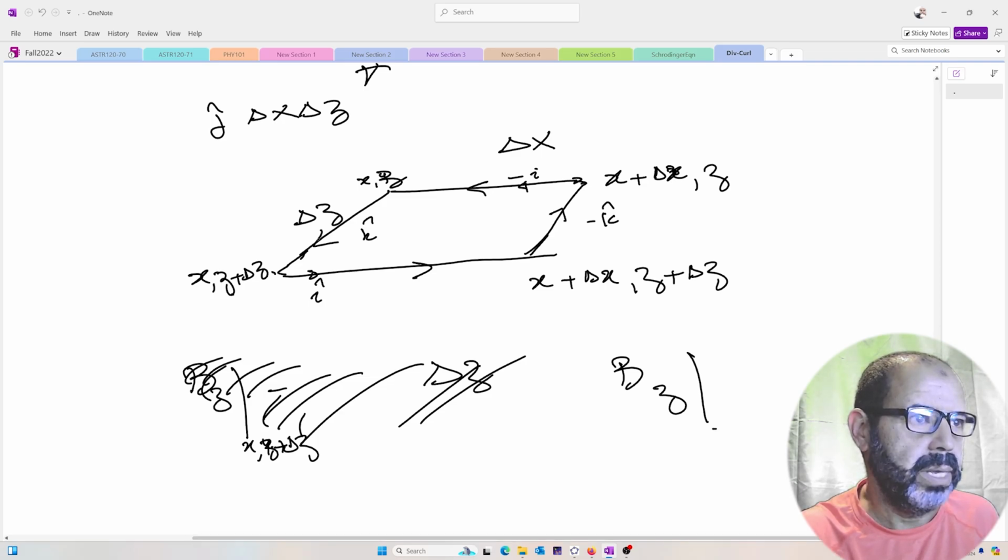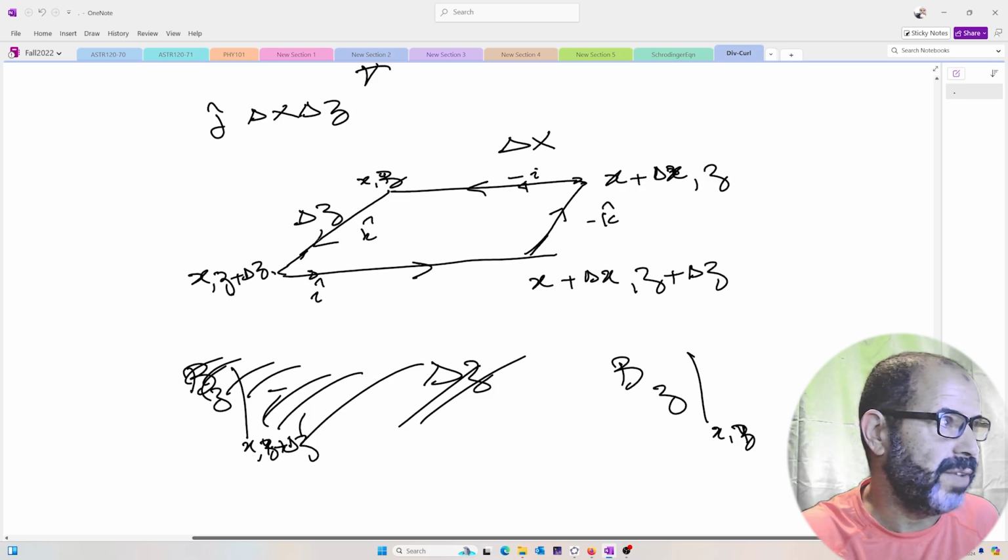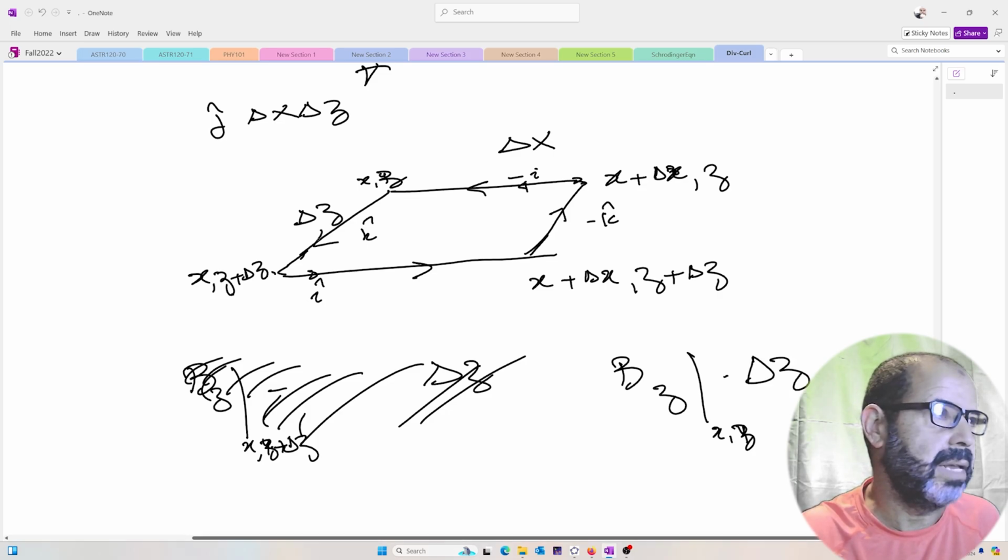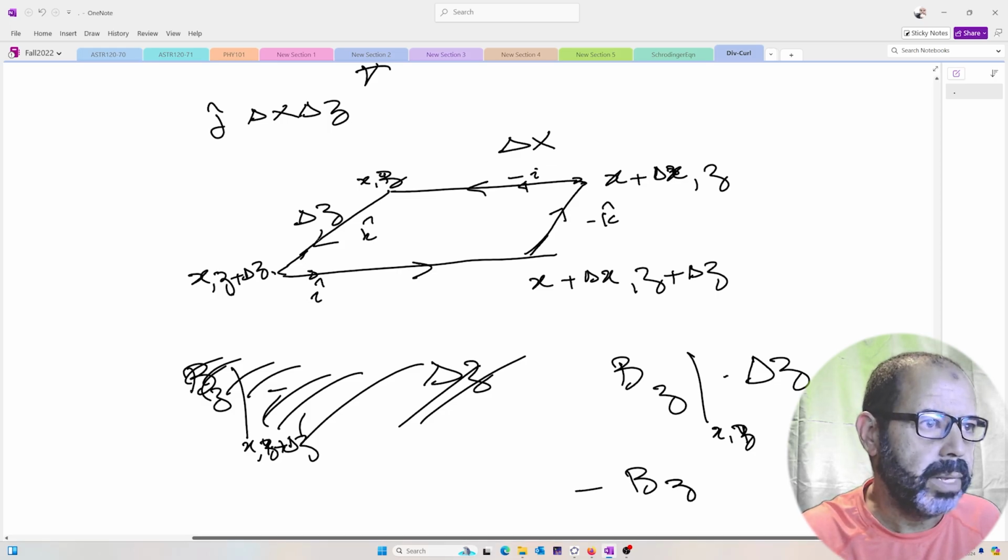So this is b, I'm going to put it at x, z, because whatever value of x, z is the same on the other side too, times the length of the path delta z, because again, I'm picking up the k hat component. The same thing in here, which is minus bz.